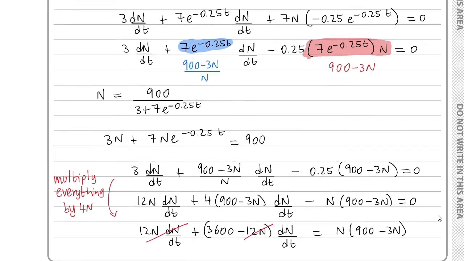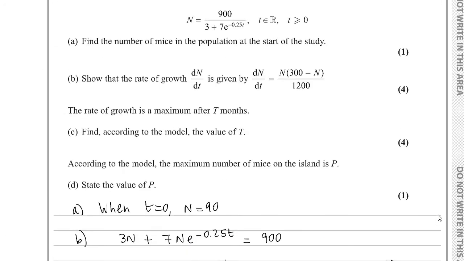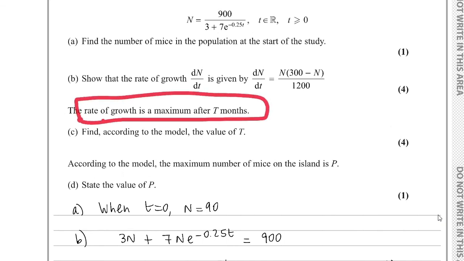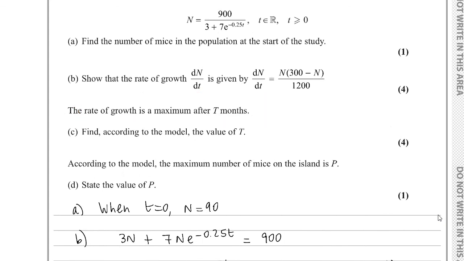We are then being told that the rate of growth is a maximum, not the growth, the rate of growth. This means that we have that d2n/dt squared must be 0.